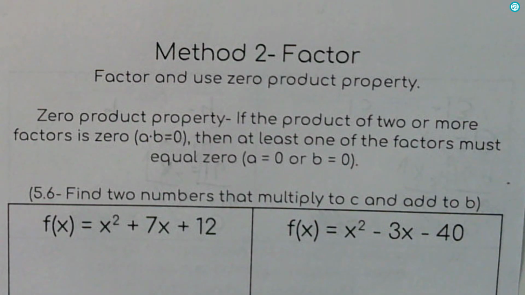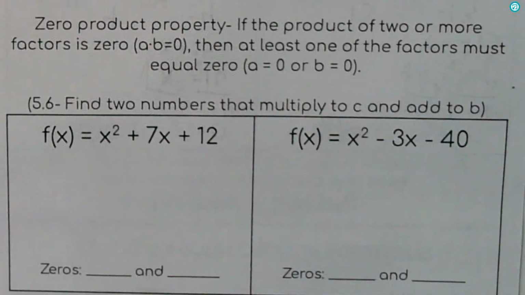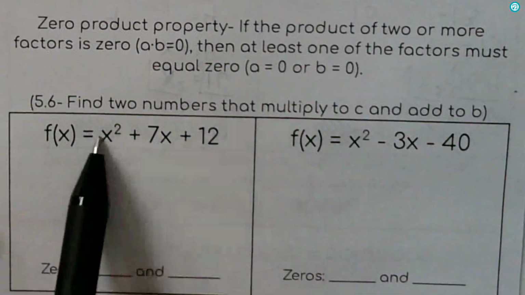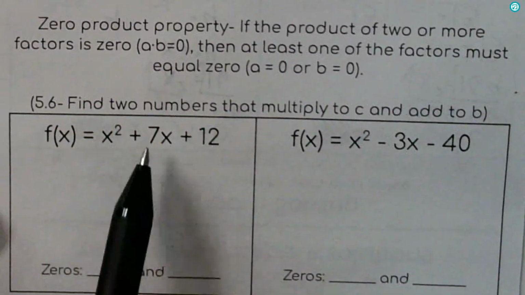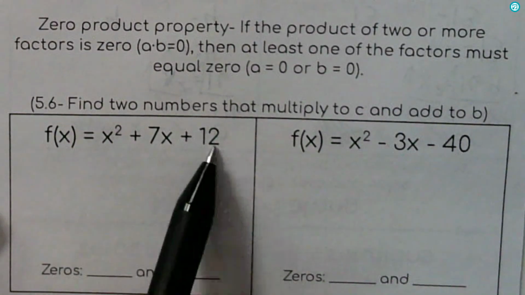So that sounds like a lot, but it's literally one super easy step more than what we did in 5.6 and 5.7. So in 5.6, we looked at these trinomials where you had no number in front of x squared, and then you had a b term and a c term.